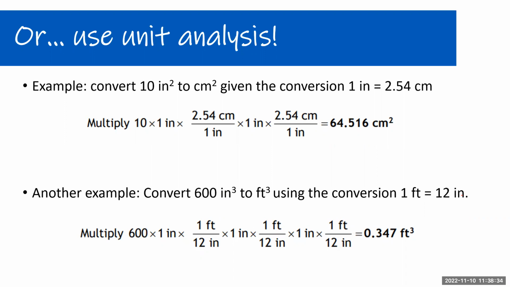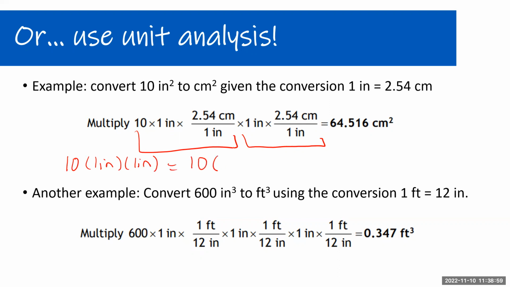Let's talk about converting 10 inches squared to centimeters squared, knowing that 1 inch is 2.54 centimeters. So 10 inches squared, we can convert it once, we can convert it twice. So you could also say, I have 10 times 1 inch times 1 inch.